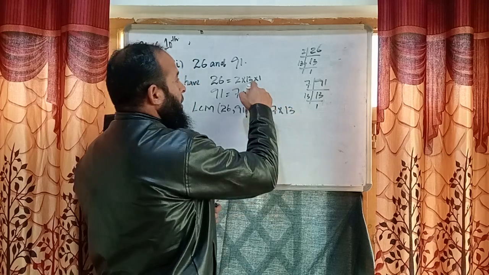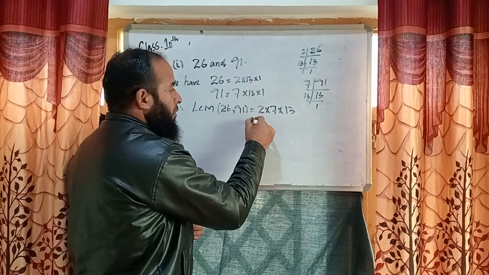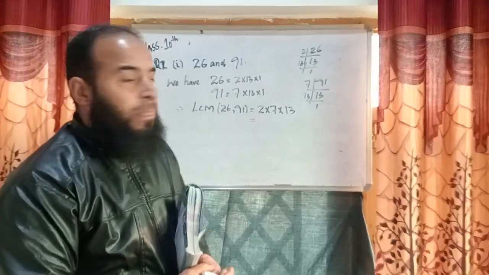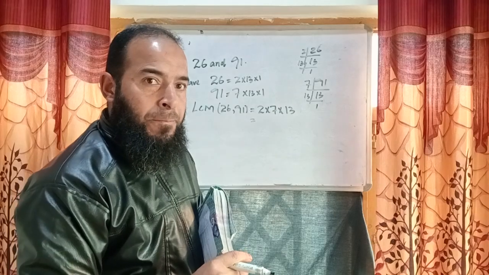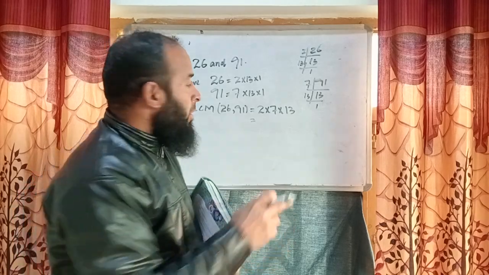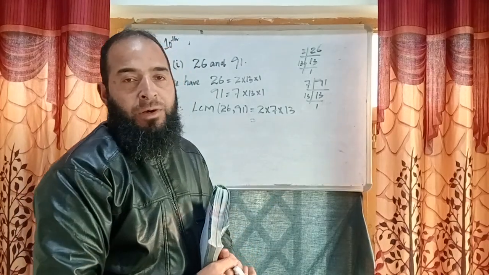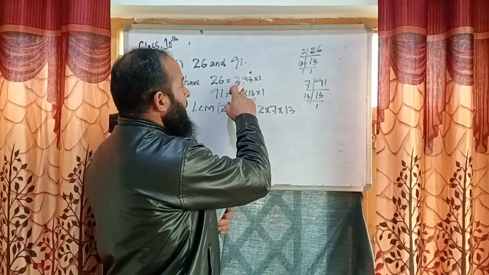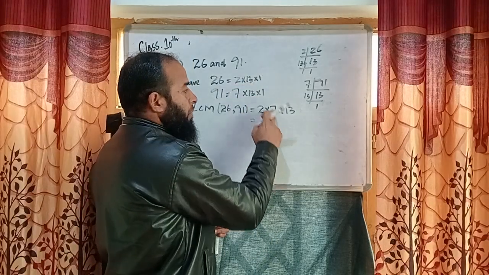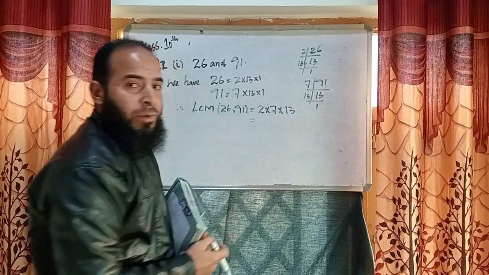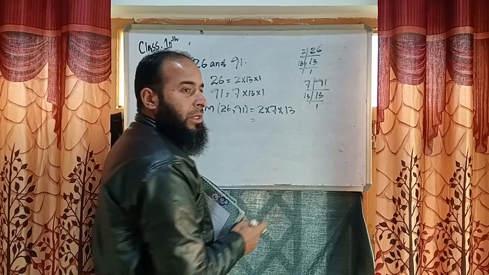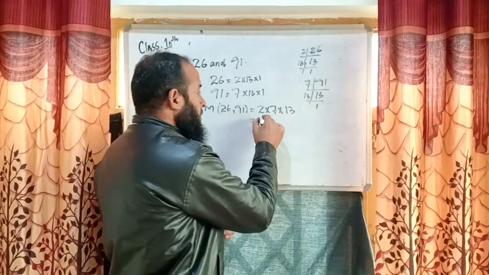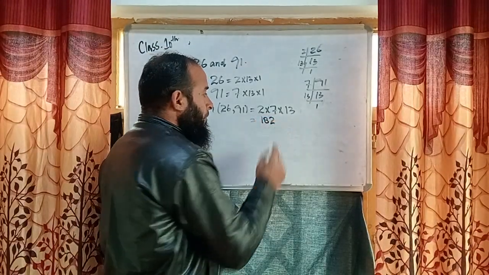From these two, we know that the LCM is the product of the highest powers of prime factors, that is 2 power 1, 7 power 1, 13 power 1. It is 2 into 7, that is 14, into 13, that will be 182.